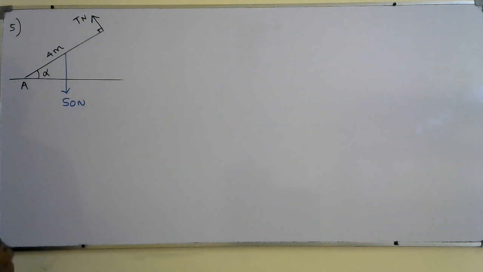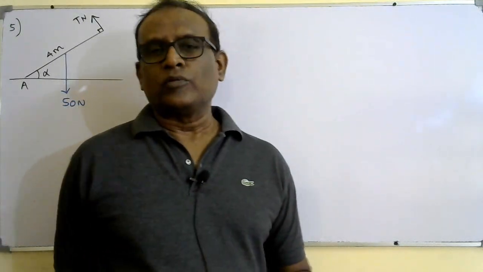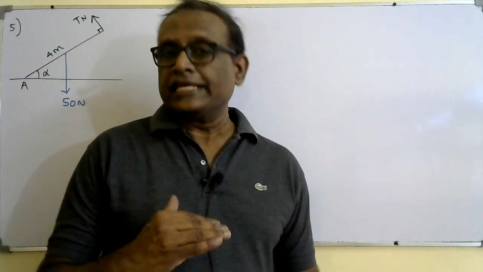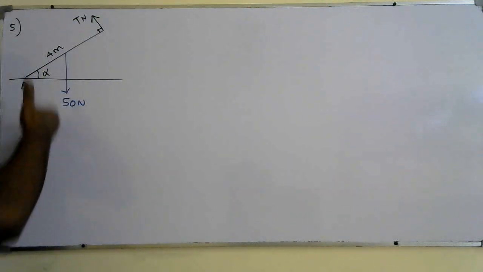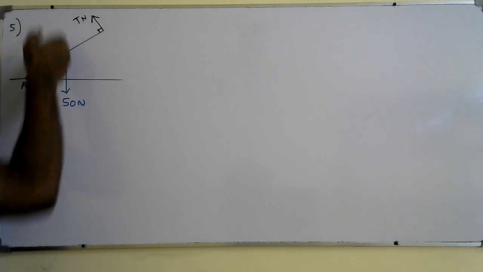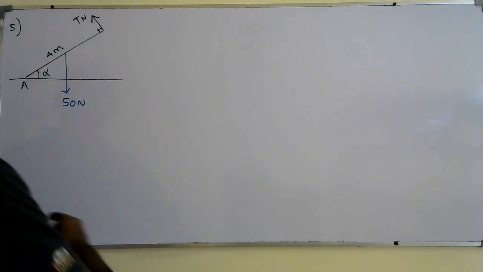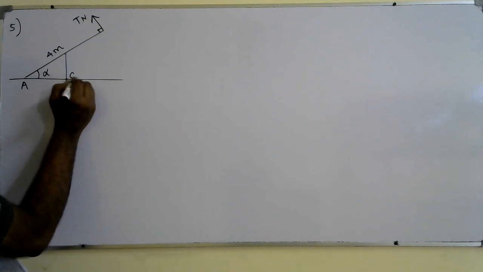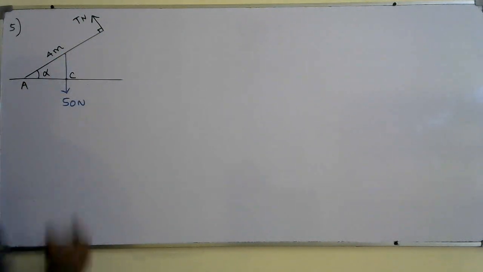So we can take moment about A. You know the definition of moment: force into perpendicular distance to the line of action of the force. This is the line of action of the 50 Newton force. If I take moment about A, the perpendicular distance to this line is this length. If I name this point C, the perpendicular distance to the line of action of the weight is AC.